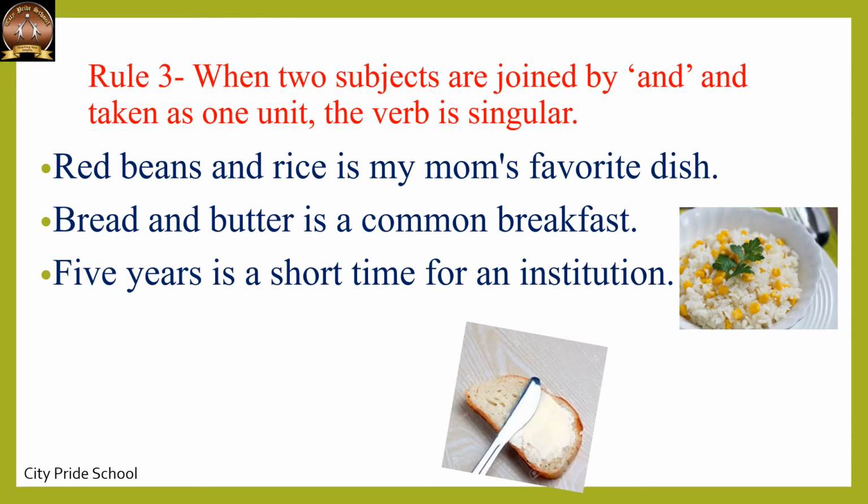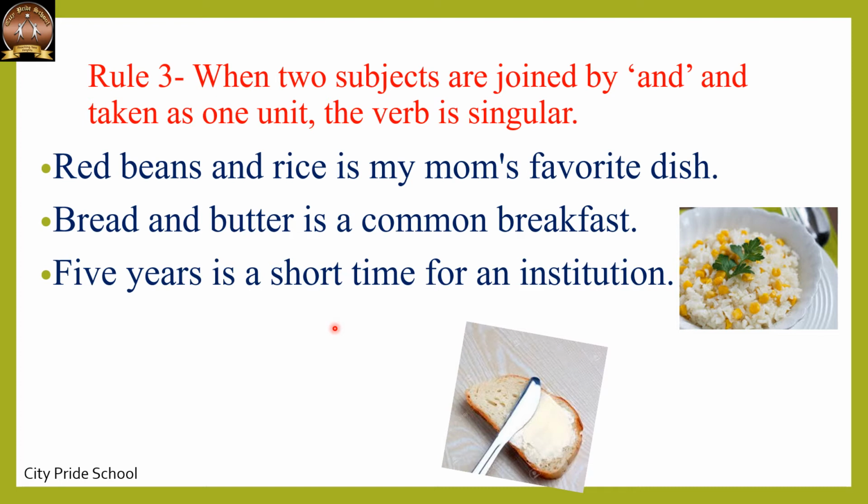The next rule says when two subjects are joined by a conjunction and taken as one unit, the verb is singular. So when you have two subjects joined with and, in this case we take them as one, as a collective word.